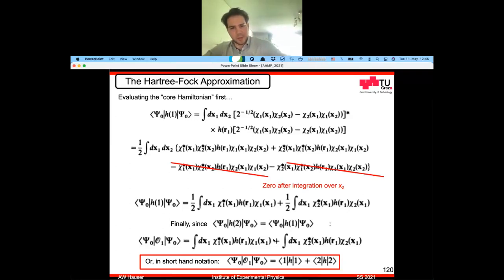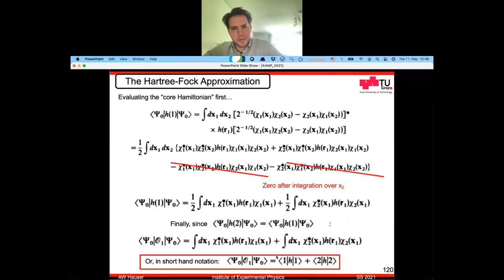And we can refer to the ith orbital in a shorter version just by the number, because it doesn't matter if there is a chi written here or if we just write the number of this orbital chi, right? So chi 1 is 1, chi 4 is 4, and so on. So this is a convenient shortcut notation of these integrals that appear when calculating the expectation value for the core Hamiltonian.